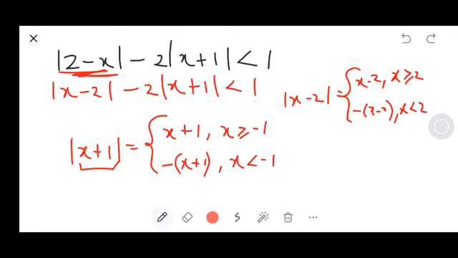So we have seen two zeros here, and they are the ones that will determine what type of answers we are going to have, because the minus 1 above and below tells us what happens to x plus 1, and 2 above and below tells us what happens to this second one. That is why we are going to consider what is happening at each of those three regions formed by these two zeros.